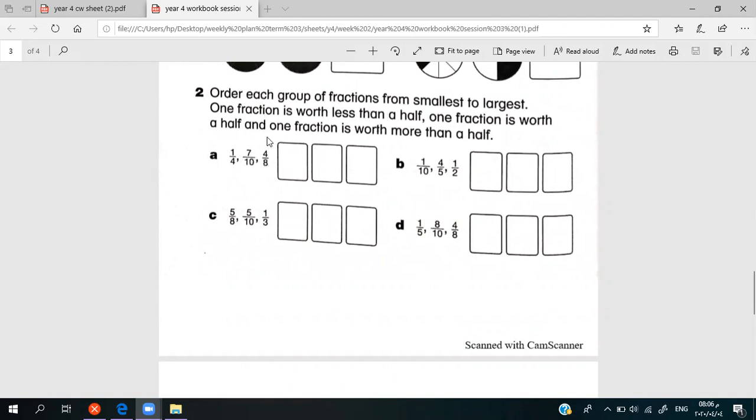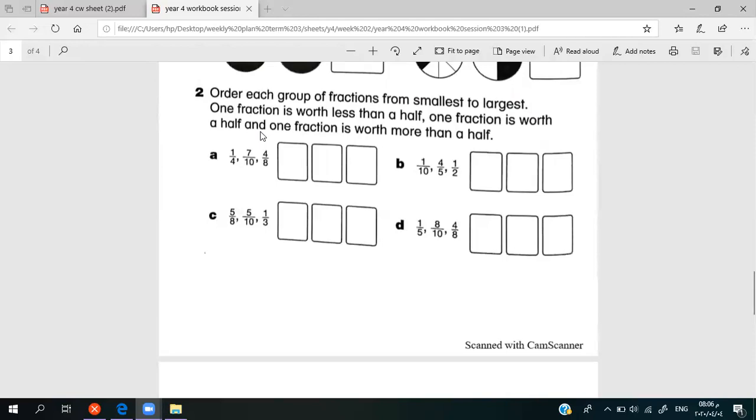One fraction is worth a half, and one fraction is worth more than a half. So I understood that I have a fraction smaller than a half, a fraction equal to a half, and a fraction bigger than a half.